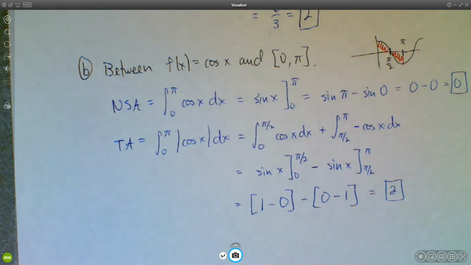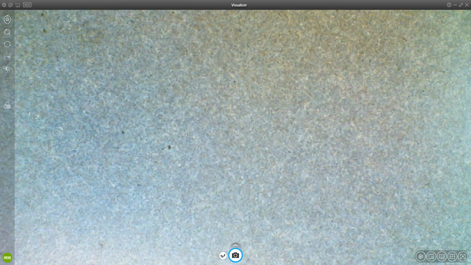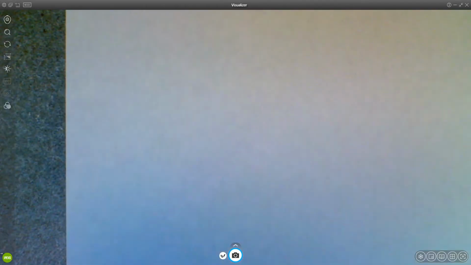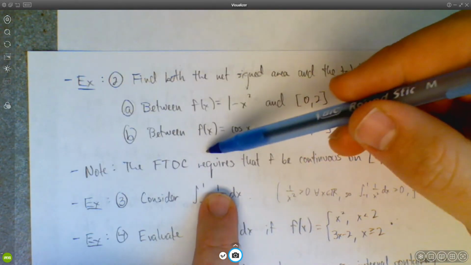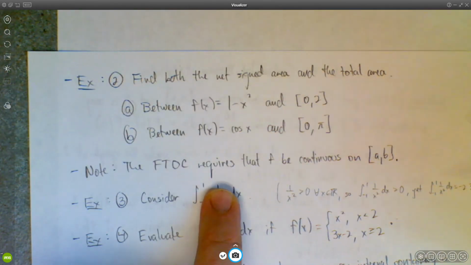Okay, another thing that I want to mention about fundamental theorem of calculus, part 1, is this. So the fundamental theorem of calculus requires that f be continuous on the closed interval from a to b.